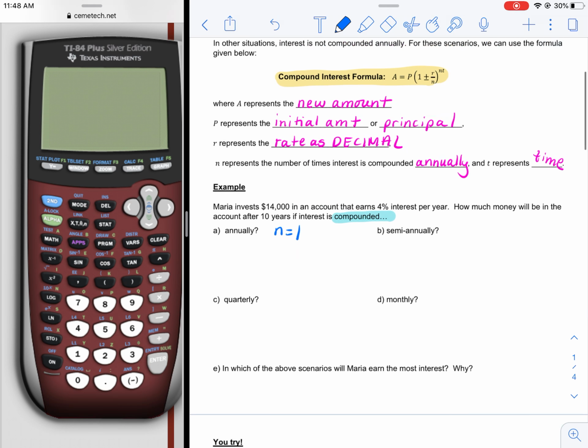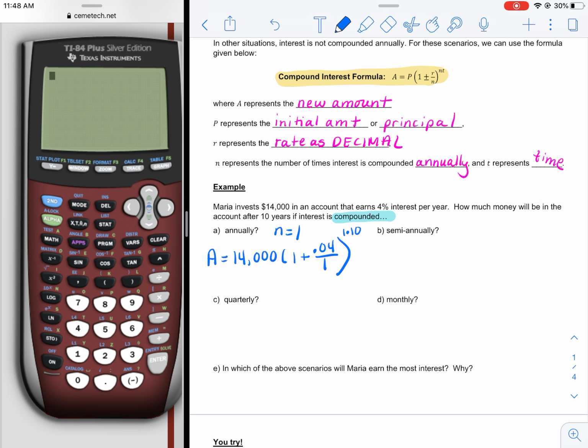To find our new amount, we're going to start with the $14,000 that Maria invests. We're going to multiply by 1 plus r, 4%, 0.04, divided by 1, and then raise that to the n times t power. So n is 1 and t is 10 for 10 years.